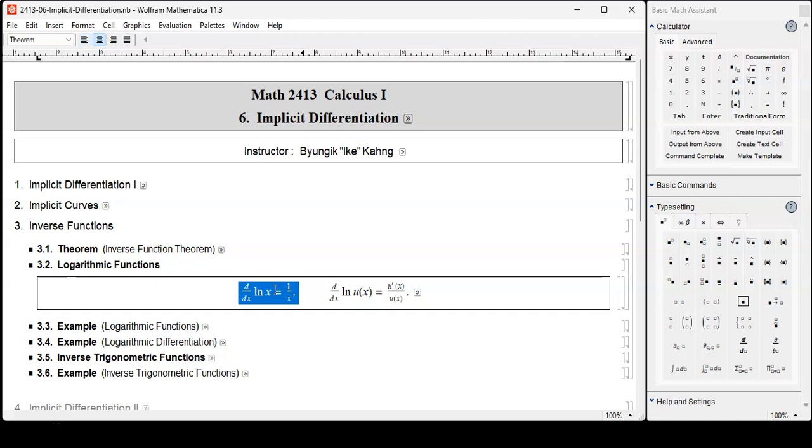In that case, here's the derivative formula. The derivative of the natural logarithm is 1 over x, the reciprocal function, or equivalently x to the negative first power. They're the same. Either way is correct. That's the most important. And then, can you think of some further examples of inverse functions?